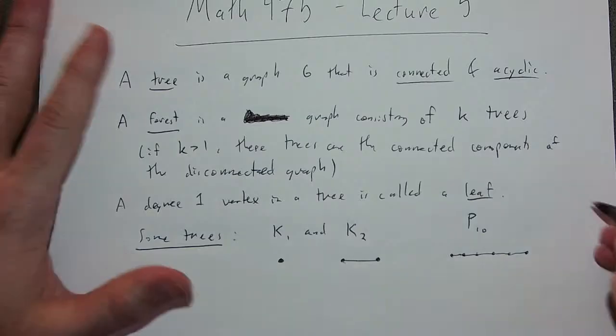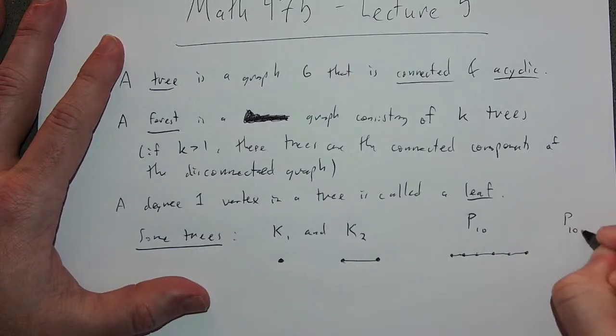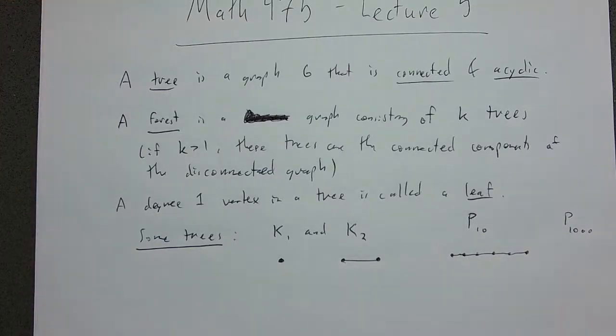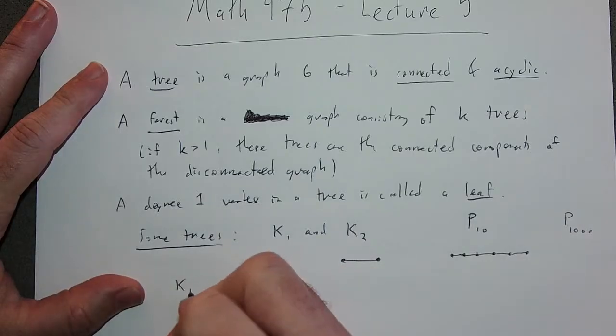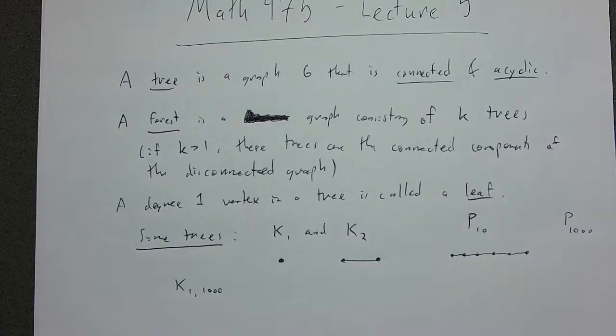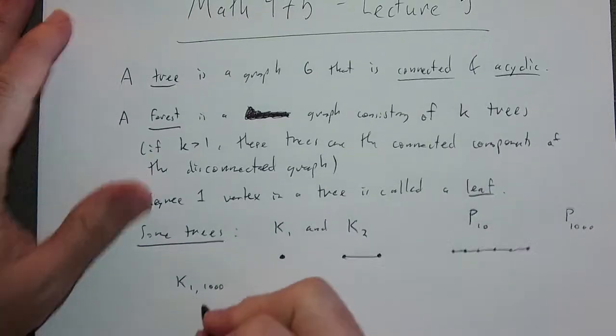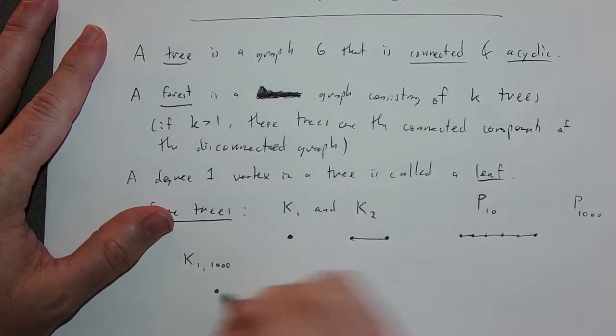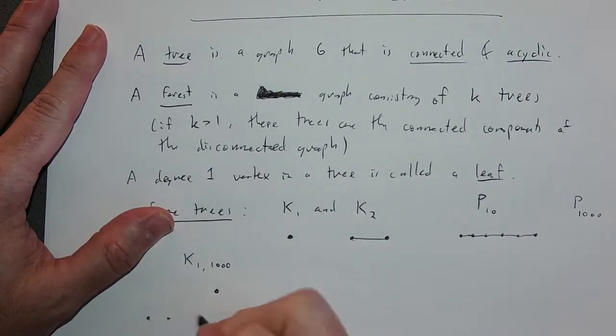Of course, so is the path on 1,000 vertices, for that matter. What about some of these complete bipartite graphs? Right, is that a tree? What would that look like? This would be, here's one vertex, and then I have 1,000 vertices here. I don't care. I get the idea here. These are not vertices.